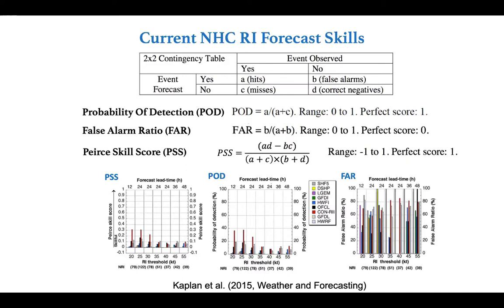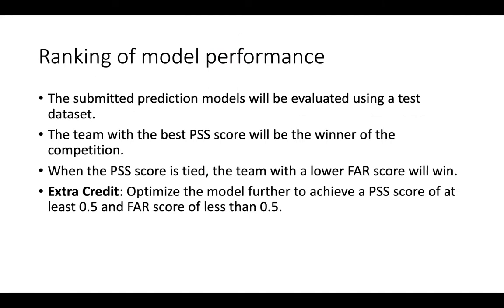So just be aware, if you get a better score than Kaplan et al., it doesn't mean it's the best score you can get, because you actually do have better data than the paper used. So here we are talking about our evaluation. We will evaluate your model performance primarily based on the PSS, because that's the overall performance score, considering a high probability of detection and low false alarm ratio.